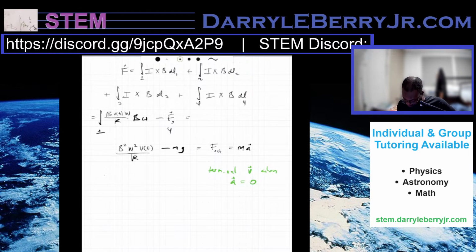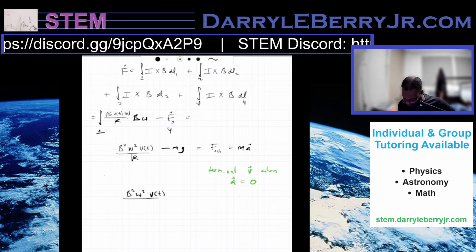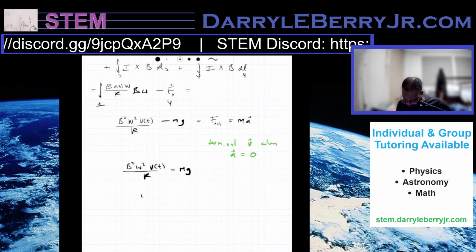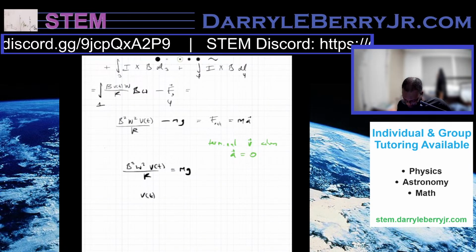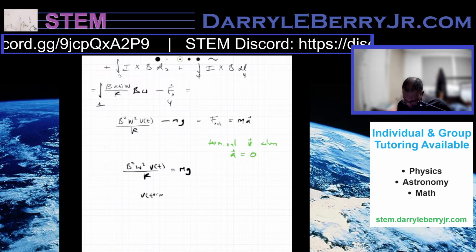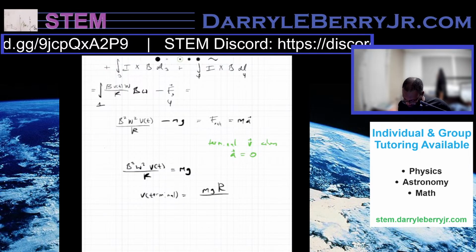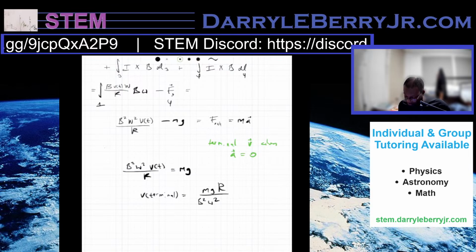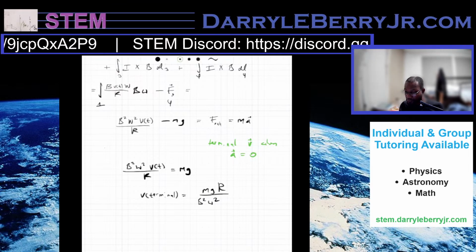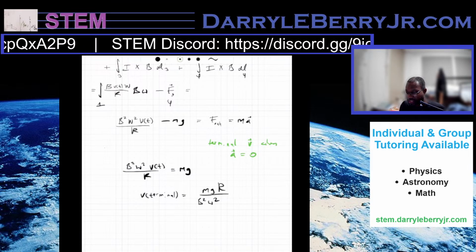So then we have B squared W squared V t divided by R equals mg. And then we can solve for V t, or V terminal, equals m g R over B squared W squared. Right. That's enough on this for now. I'll see y'all next time.